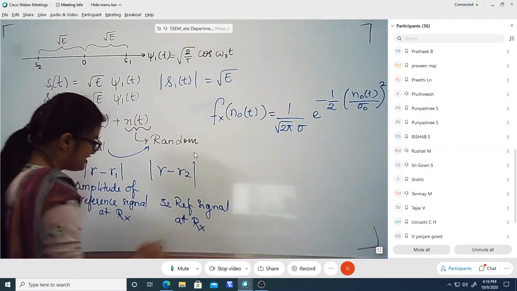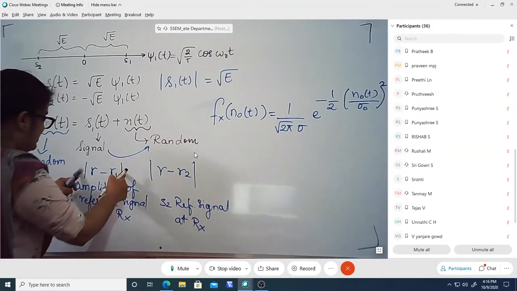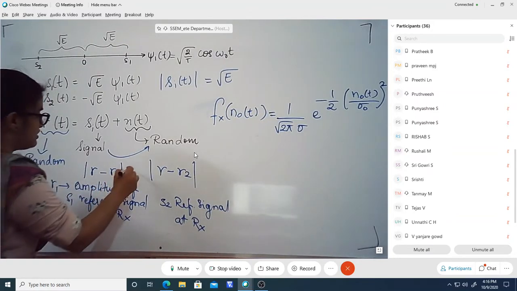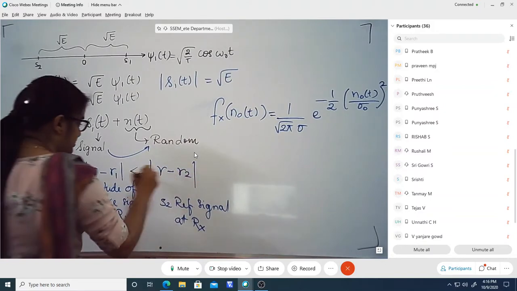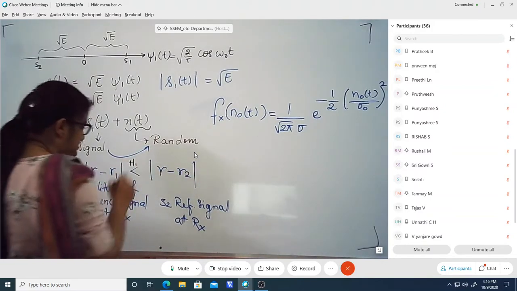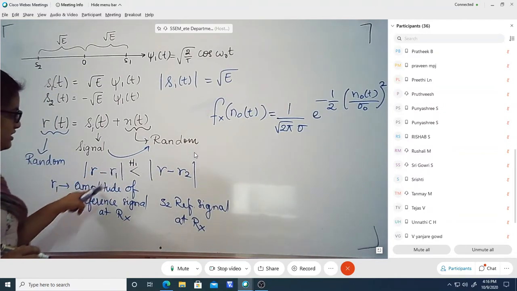So what is the condition to detect whether it is s1 or s2? If the magnitude of r minus r1 is less than the magnitude of r minus r2, then we decide in favor of hypothesis H1, that is, symbol s1.